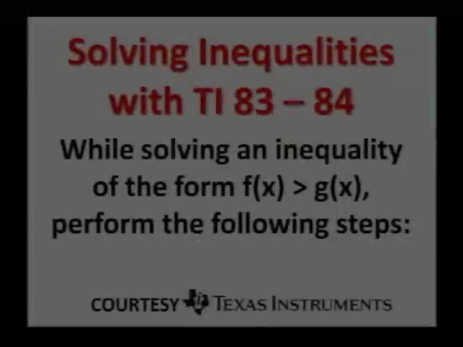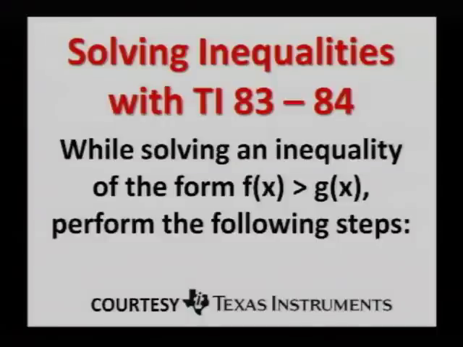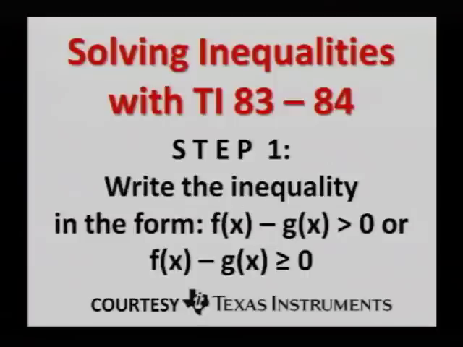x-intercepts. The second technique is solving inequalities with TI-83/84. While solving an inequality of the form f of x is greater than g of x, you will perform the following steps. Step 1.